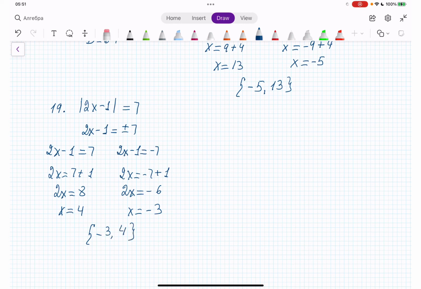Okie dokie. So let's solve the last problem, number 20. Let's see what we have here. 3 times the absolute value of 2x minus 1 equal 9.